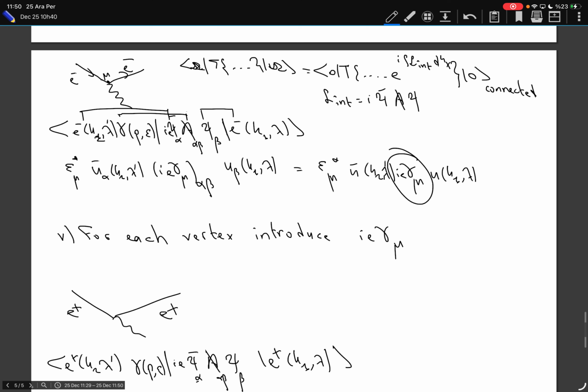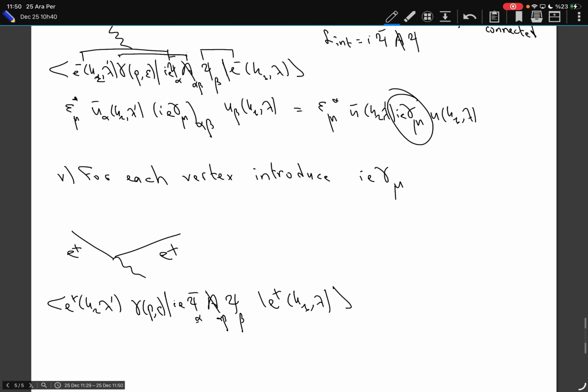One thing you should note: I didn't yet put the arrows on the lines. If you remember, when we were looking at the complex fields, we had both particles and antiparticles. The momentum flow is in this direction. This is k1, this is k2, and this is p. This is the momentum flow.